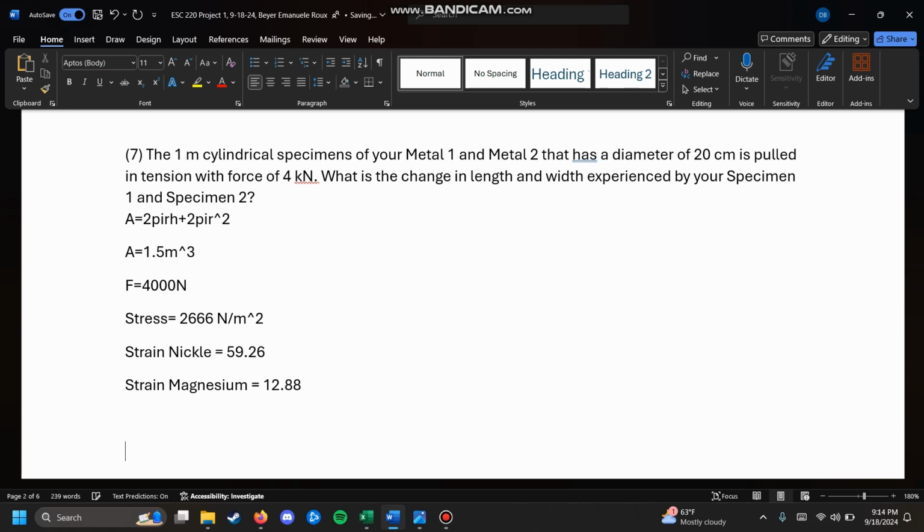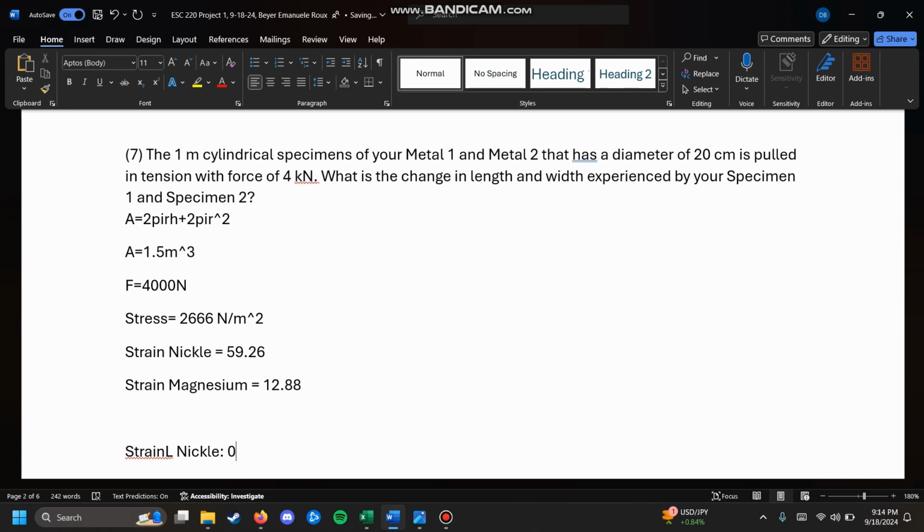With strain, we can now find the lateral strain, which is just the normal strain times the Poisson's ratio. So for nickel, I found that to be around point oh.